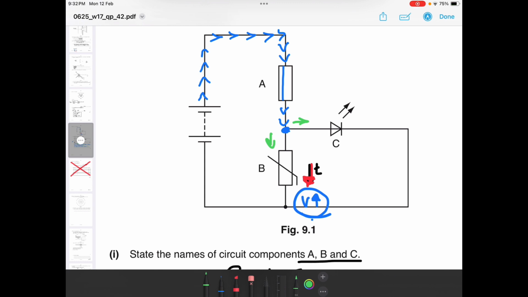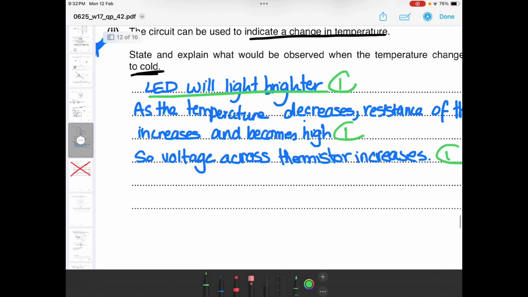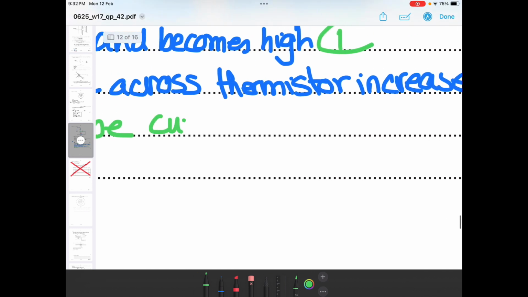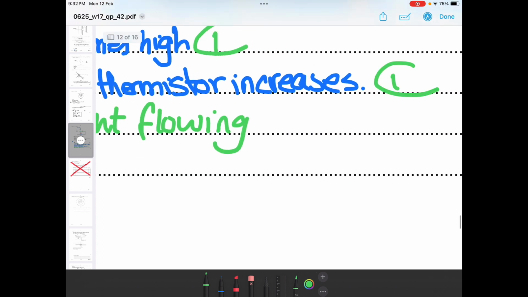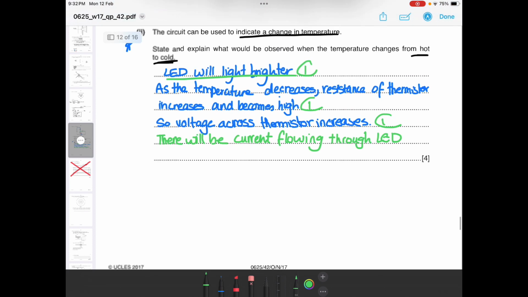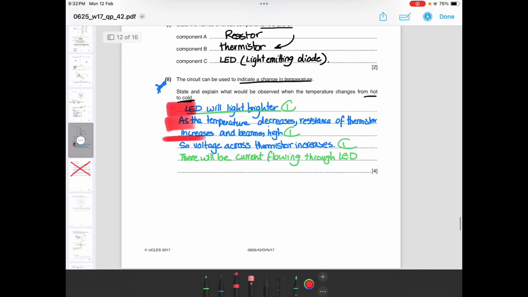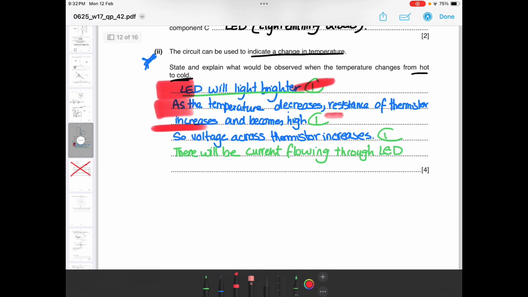Current loves to flow in low resistance, so it goes this way. So there will be current flowing through the LED.